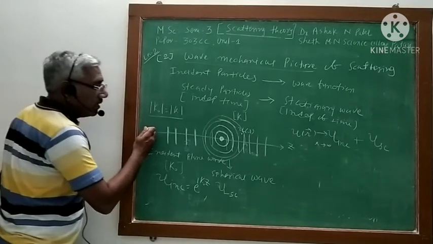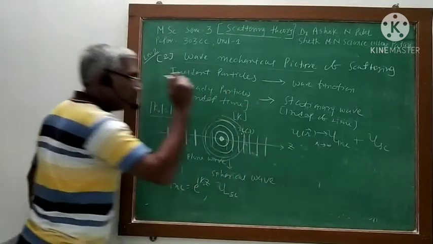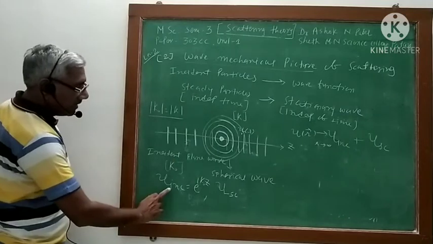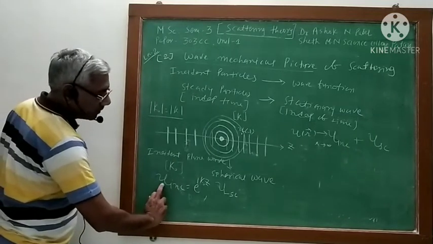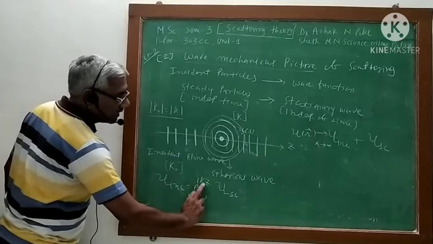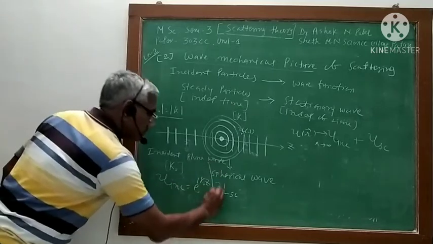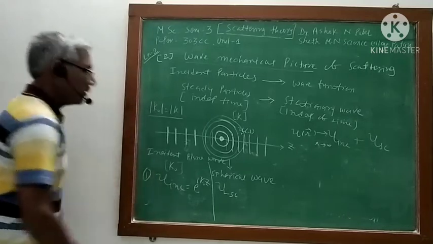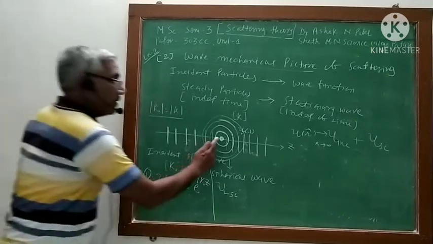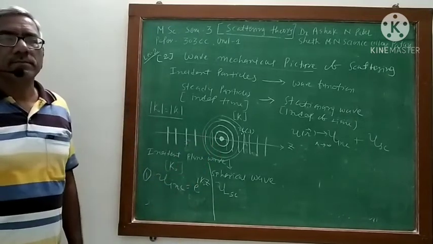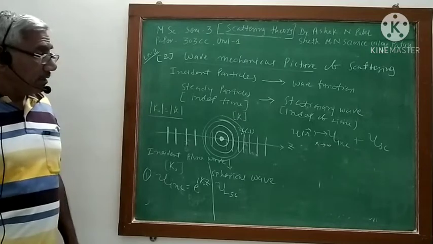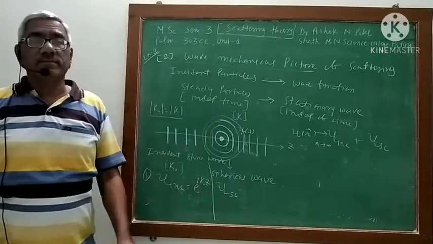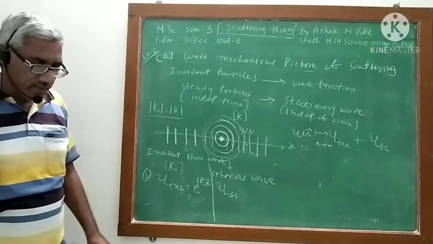So now my incident plane wave is moving along that direction, and I represent it by u incident equal to e^(i k0 z). Okay, that is one thing. But after the scattering, it is scattered in all directions.